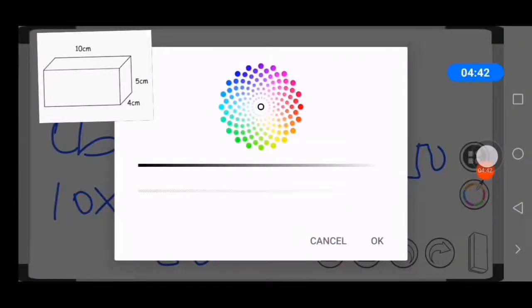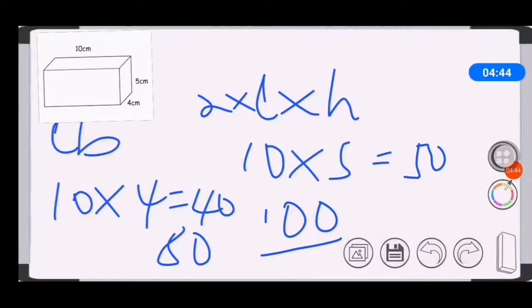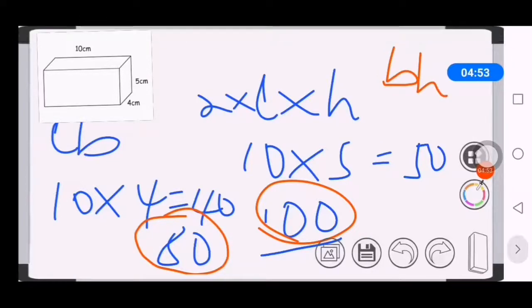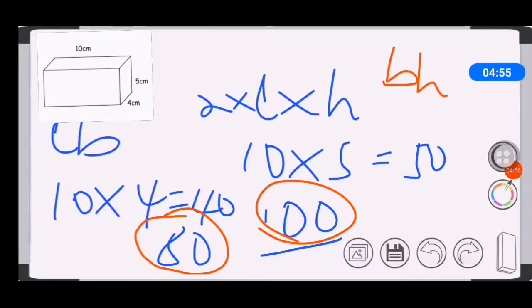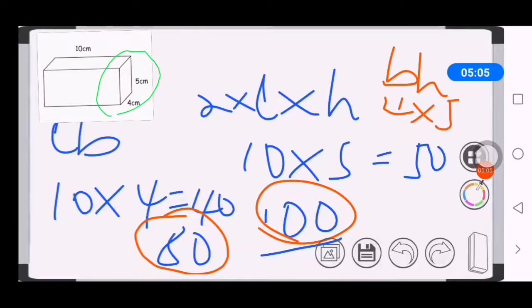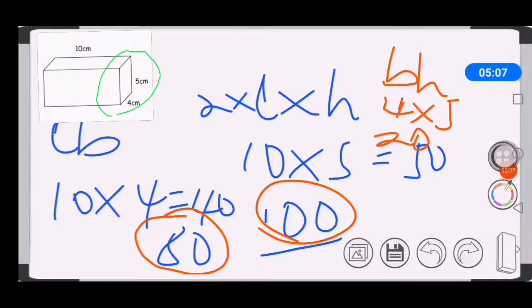So we have worked out 2 parts, which is 4 faces now. We are left with the last face, which is the breadth and the height. Breadth and height refers to the 2 end faces, the right face and the left face. The breadth is 4, the height is 5. So 4 times 5 will give us what? 20. That is for 1.